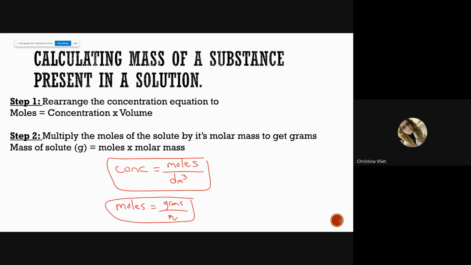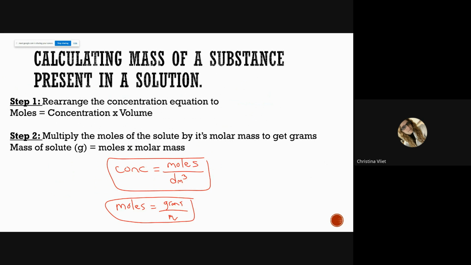Many times you'll be asked for grams in questions, so you'll have to use these two formulas together. That's why I'm going to write them both out, because especially in the lab, there'll be a lot of times where you have to find the grams after you've found the moles. So write these two out, and let's take a look. You'll see there's step 1, step 2 here to rearrange the equations. We're going to just take a look at some examples to see what we do.